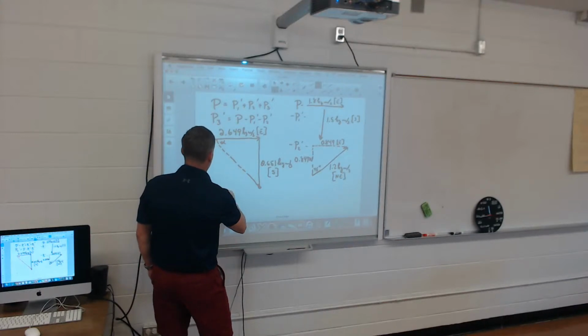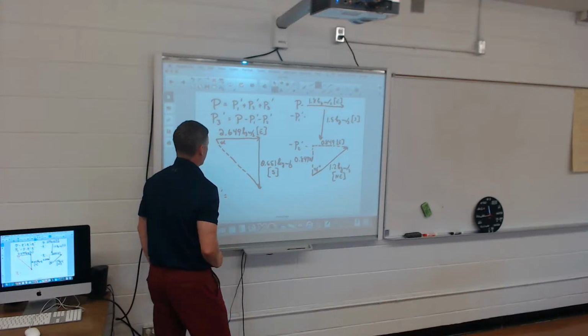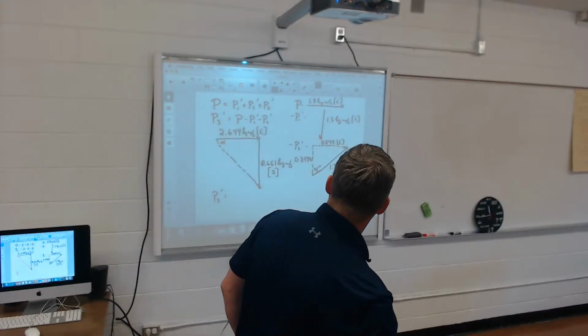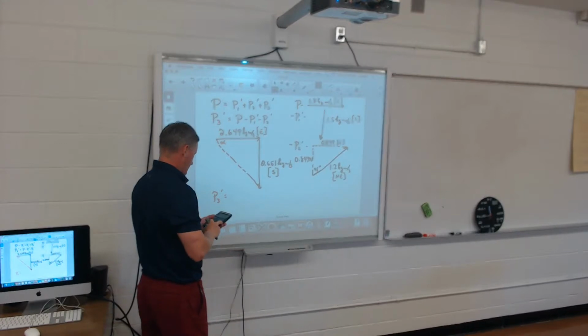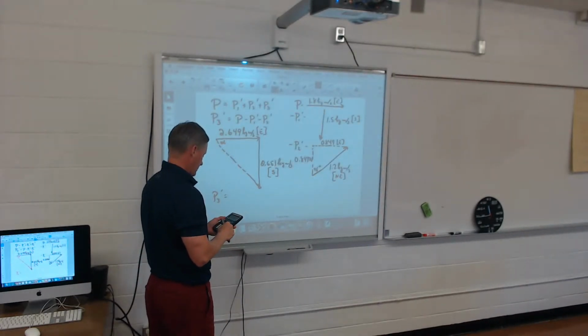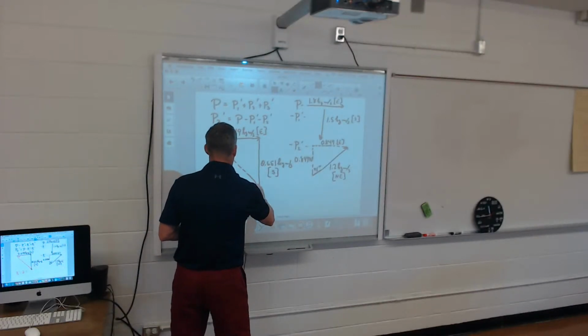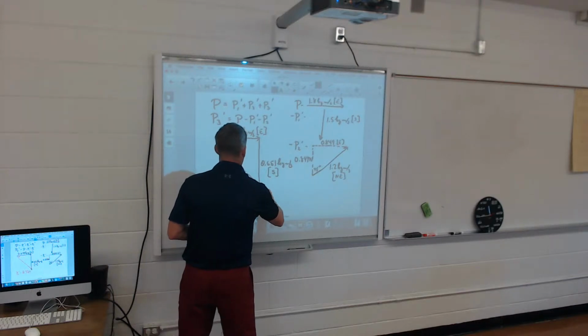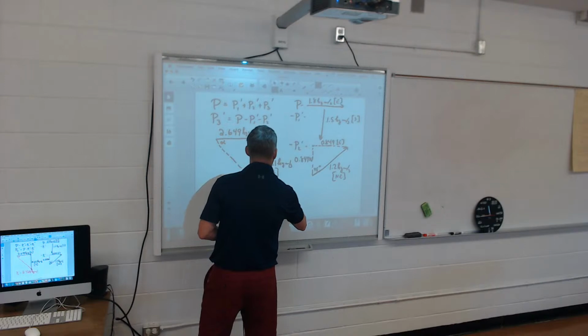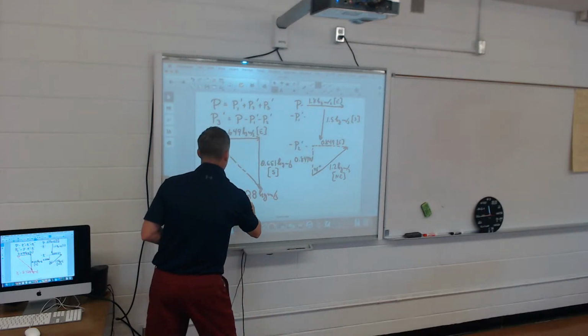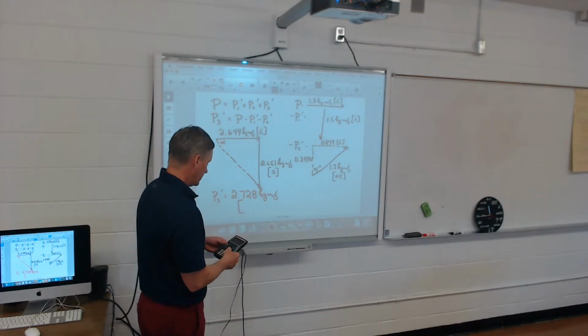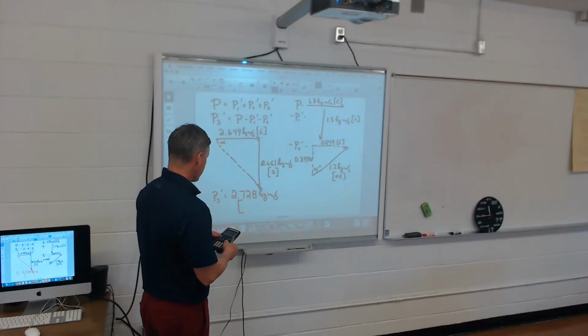So to get my third piece, I have 2.649 squared plus 0.651 squared. I get 2.728 kilogram meters per second. I need my angle, so second function tan, 0.651 divided by 2.649.